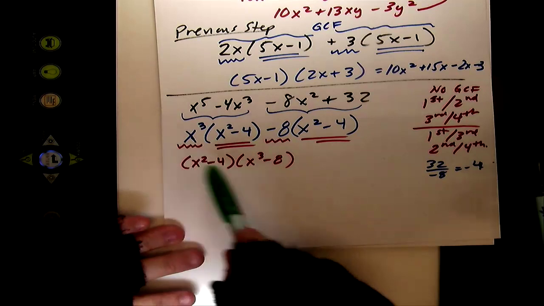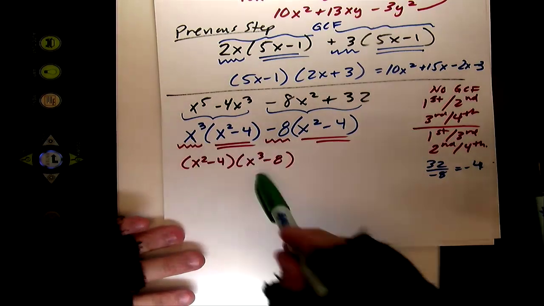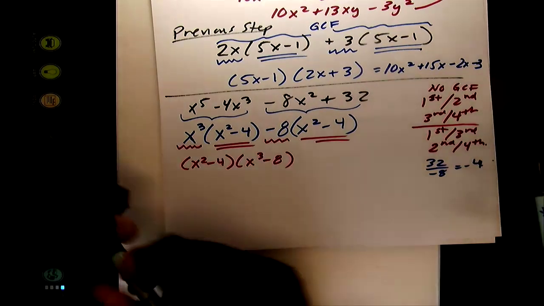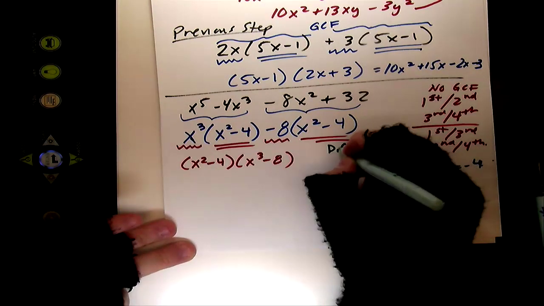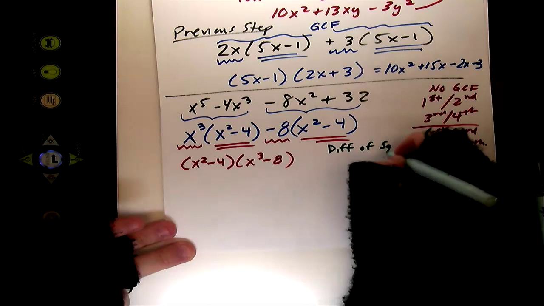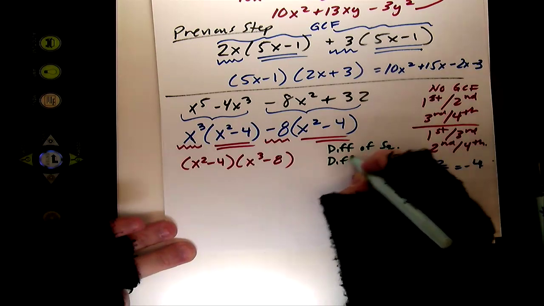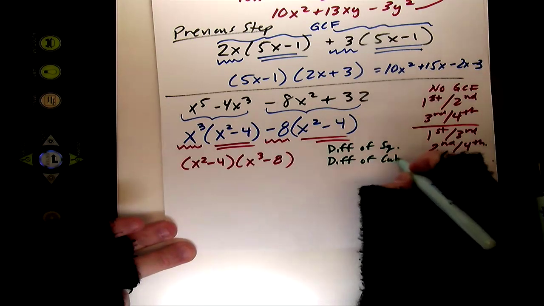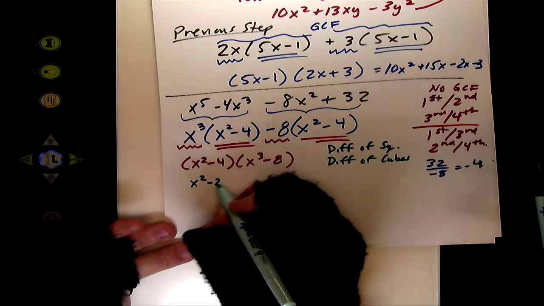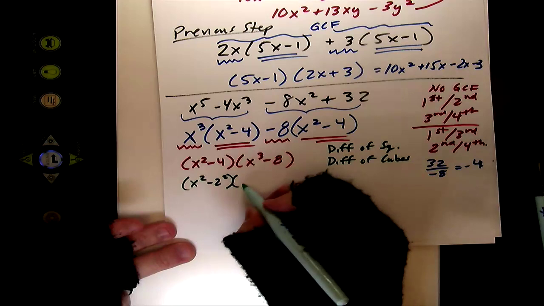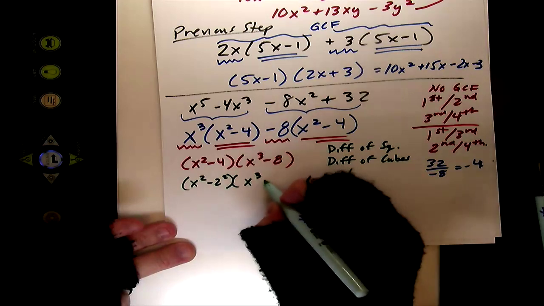X squared and 4 are two different terms. And x cubed and 8 are two different terms. It looks like we have a difference of squares and a difference of cubes. Because I can write this as x squared minus 2 squared. And I can write this as x cubed minus 2 cubed.